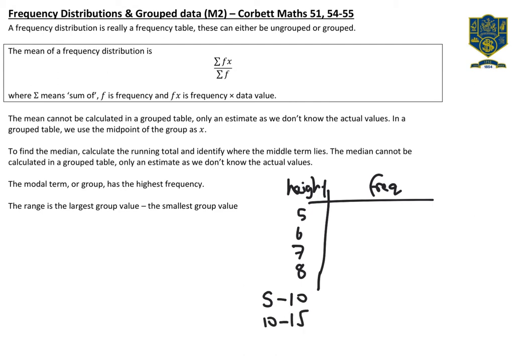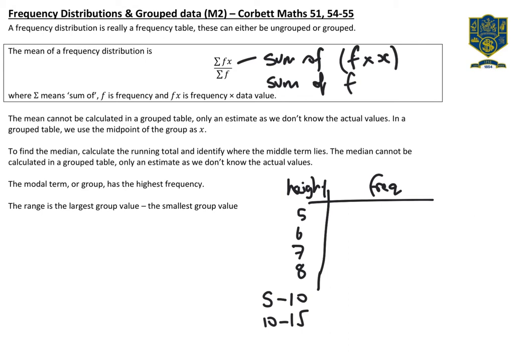Now, to work out the mean from a frequency distribution, we use the formula sigma fx, which is the sum of all the f's multiplied by all the x's, divided by sigma f, which is the sum of f. The mean cannot be calculated exactly in a grouped table because if we've got a group of 5 to 10, we don't really know what values they take, whether it's 5 or 6 or 7.